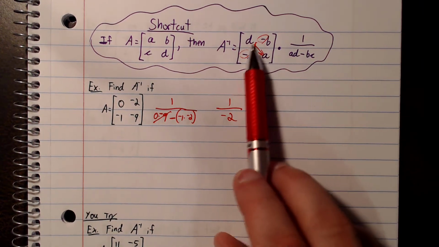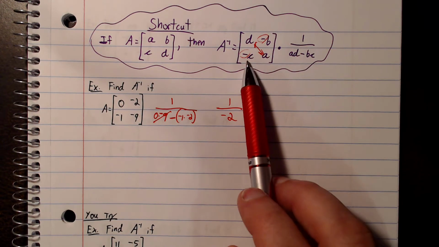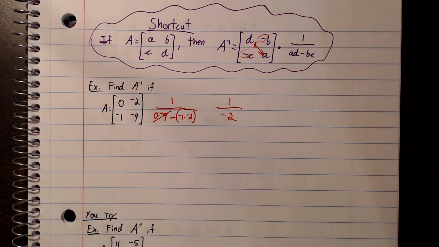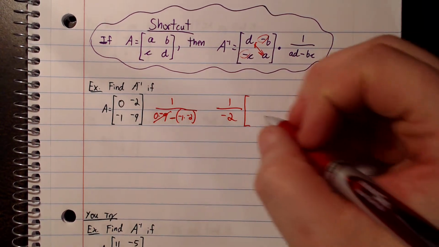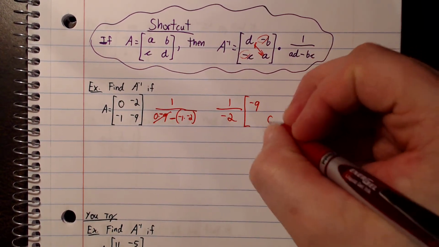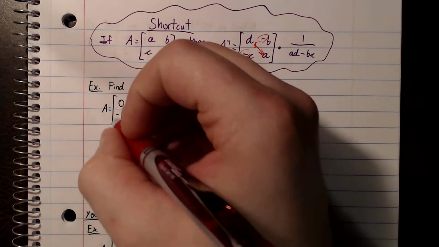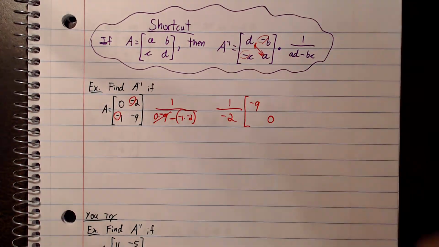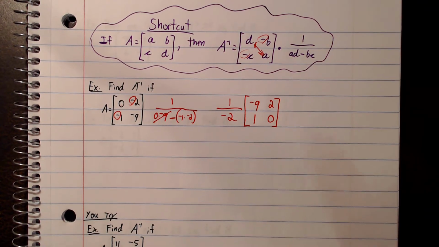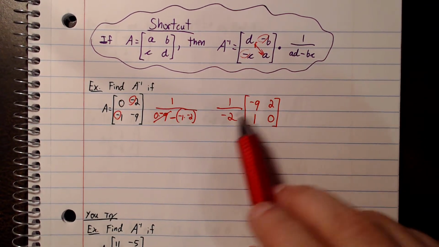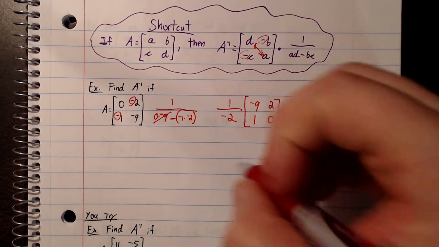Now we've got to do this old switcheroo thing with our matrix. So I need to switch these positions. So negative 9 and 0 switch, and then I want to change the signs on these, so this becomes positive 1 and positive 2. Last, what we're going to do is just distribute this scalar multiplication.